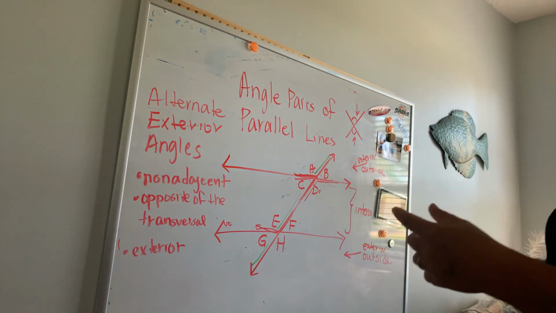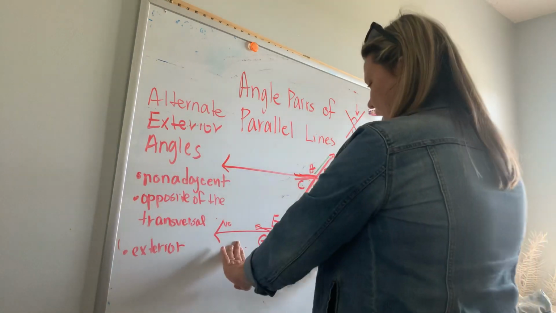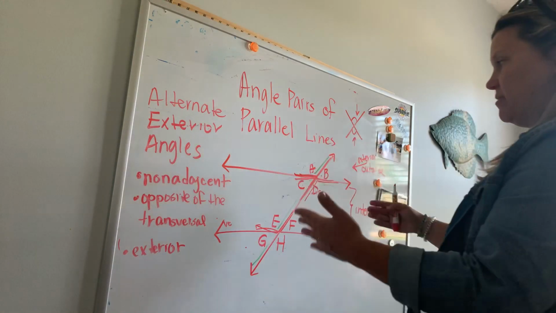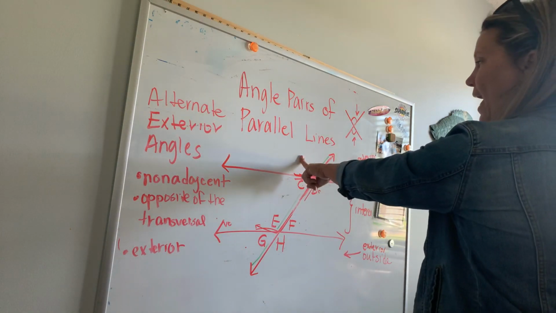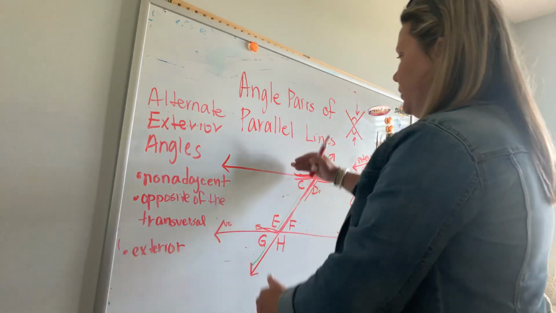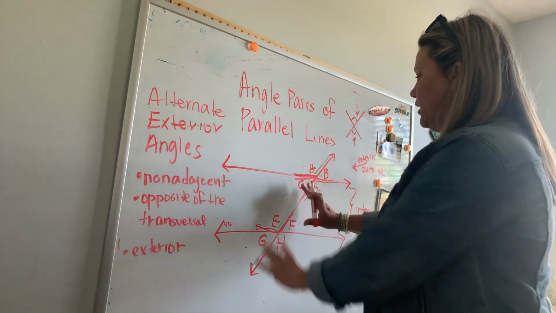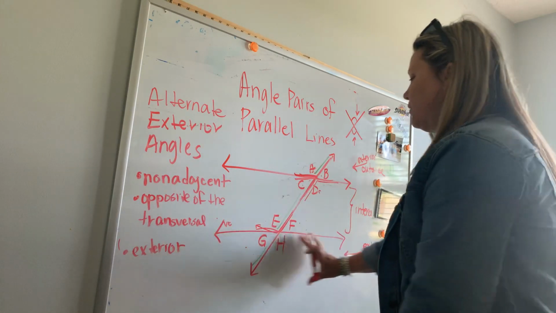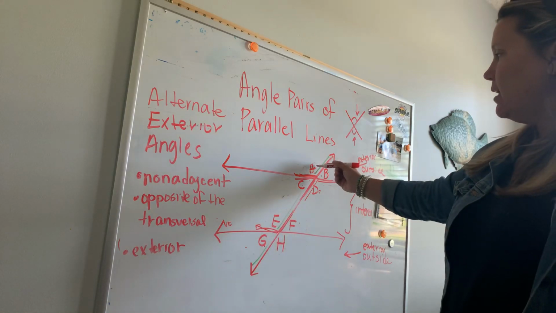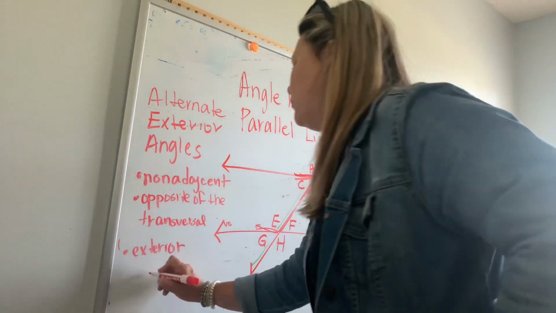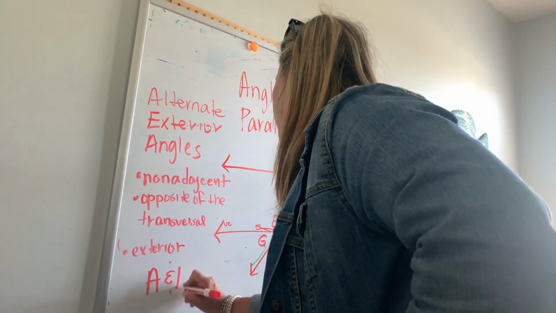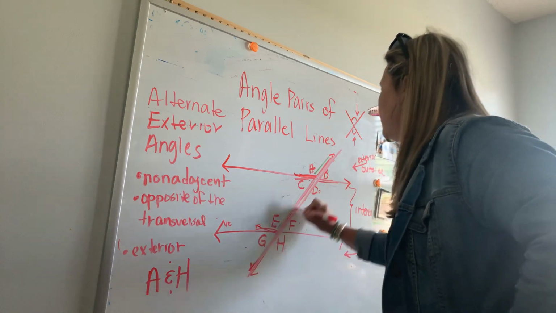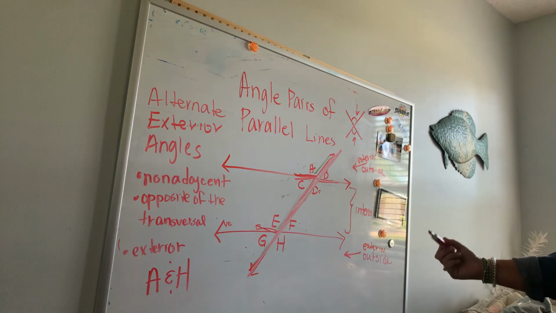Okay, so here we go. Exterior. That means A and B and G and H. So it has to be on the opposite side of the transversal. So A, here's my transversal, has to be on the other side of that. Do not even look in the middle. Only look on the top and on the bottom. So A is going to be congruent to angle H. Again, if this is my transversal, they have to be on the opposite side.